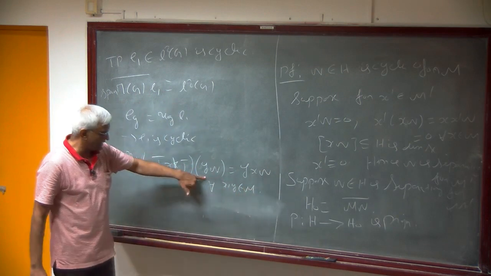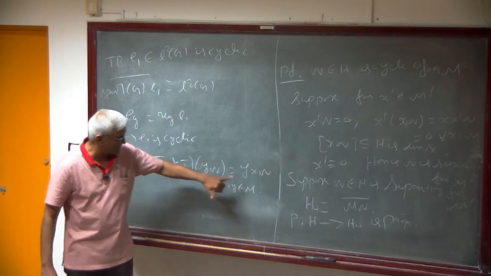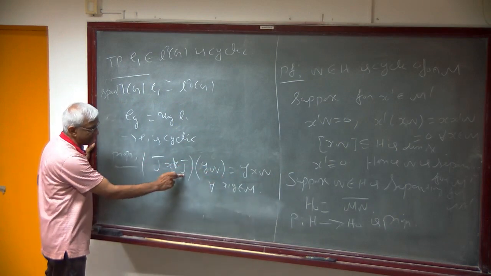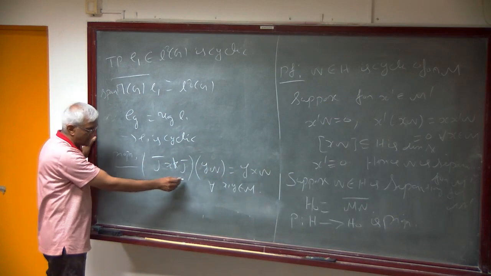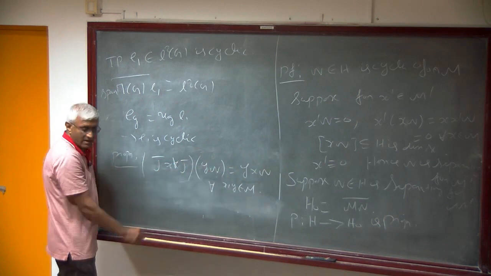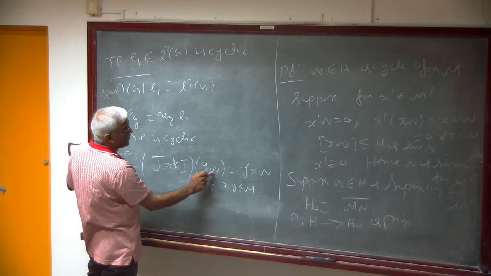I mean, y omega is a vector in H, and this is a vector in H. J is an operator, x star is an operator, these are all operators, and this is a vector, because it is a vector times omega. So J x star J acting on y omega is yx omega.